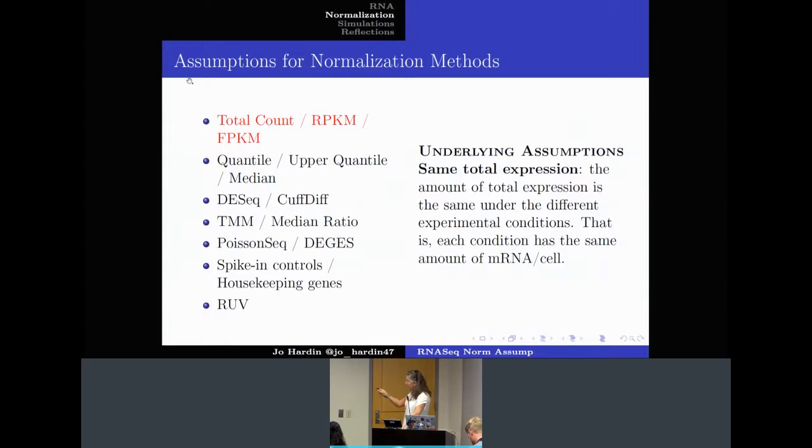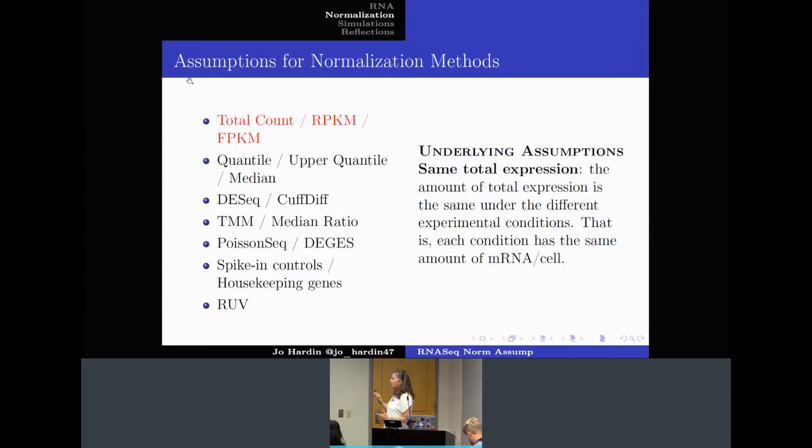The first class here is overall count, and the underlying assumption there is that the 2 sets of expressions, or 2 sets of conditions, have the same total expression. So the amount of total expression is the same under the different experimental conditions.